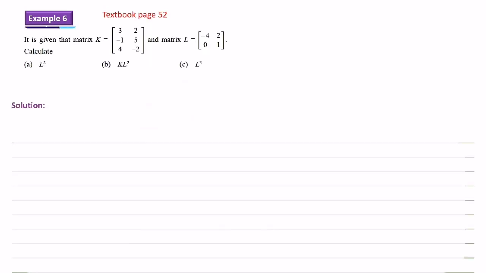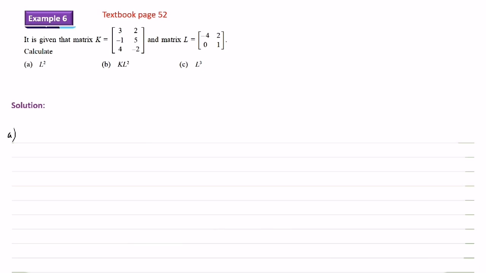Example 6. It is given that matrix K equals 3, 2, negative 1, 5, 4, negative 2, and matrix L equals negative 4, 2, 0, 1. Calculate L square. What is the meaning of L square?